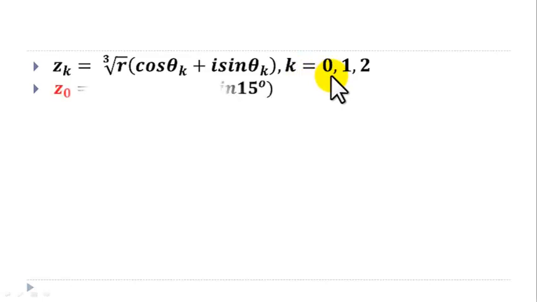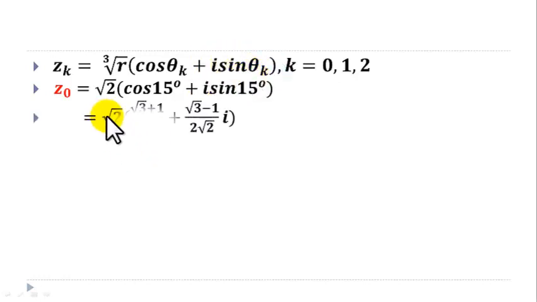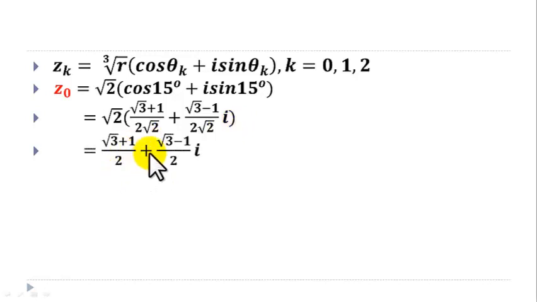So for k equal to 0, we are finding z0, which is equal to square root of 2, remember the cube root of our r was square root of 2, into cos 15 degrees plus i sin 15 degrees, and this is equal to root 2 into root 3 plus 1 all over 2 root 2, plus root 3 minus 1 all over 2 root 2 i. When we open the bracket, root 2 will cancel out to give us root 3 plus 1 all over 2 plus root 3 minus 1 all over 2 i.